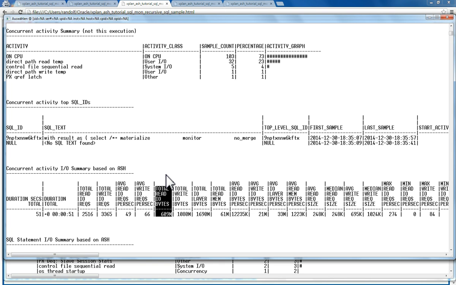And likewise, if you have writes to the storage cells, and you make use of normal or high redundancy, then the total I/O layer bytes could be 2 or 3 times more than the bytes written from a database layer perspective, because Exadata does this duplication of data, this mirroring on the ASM layer, and therefore has to send 2 or 3 times the amount of data to the cells to fulfill this ASM redundancy.